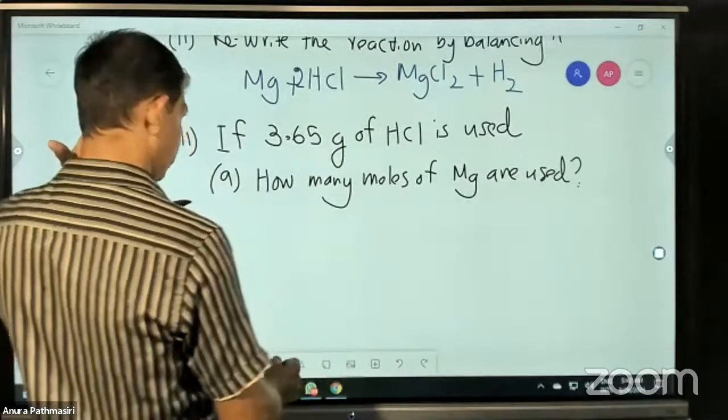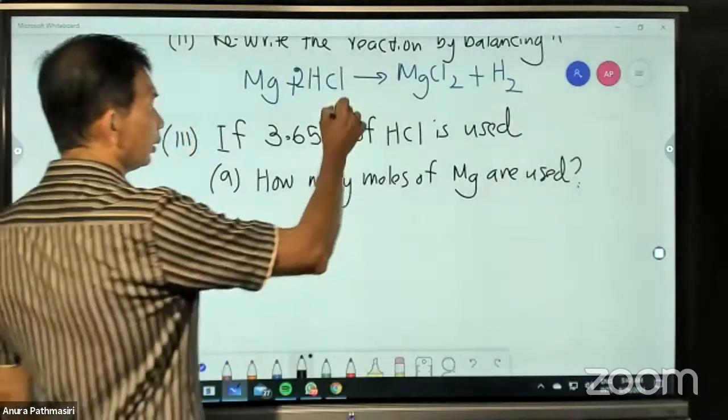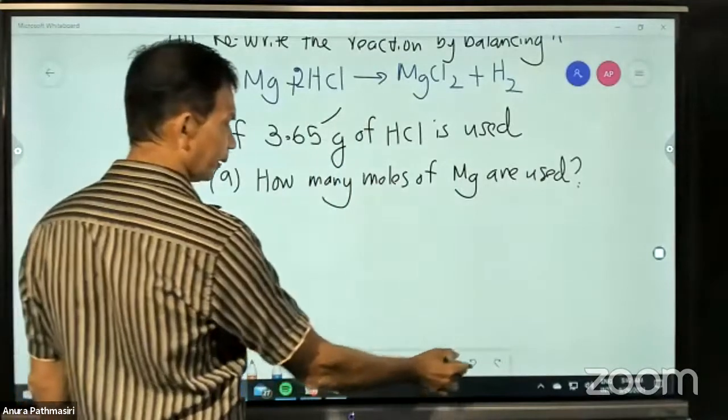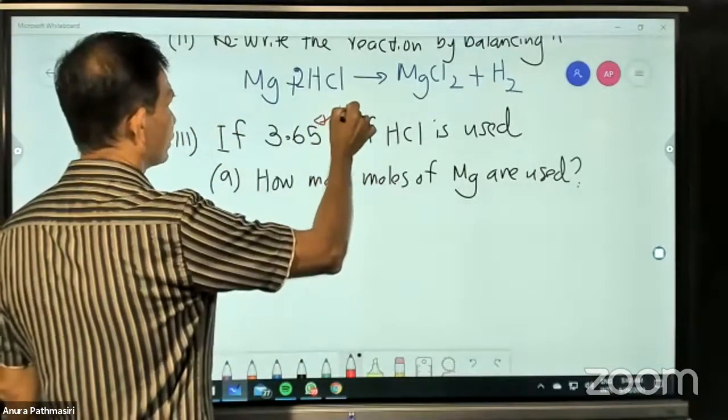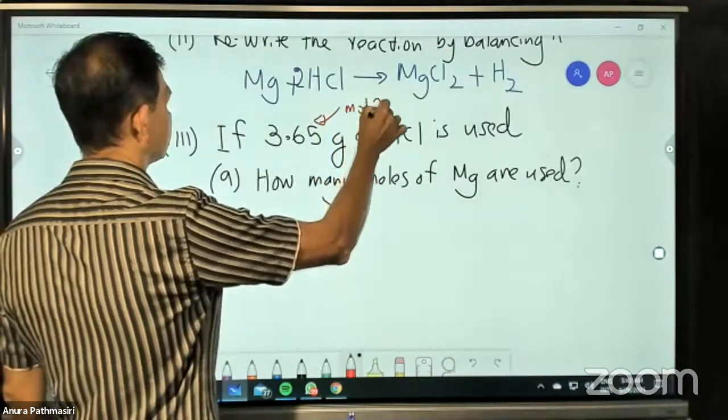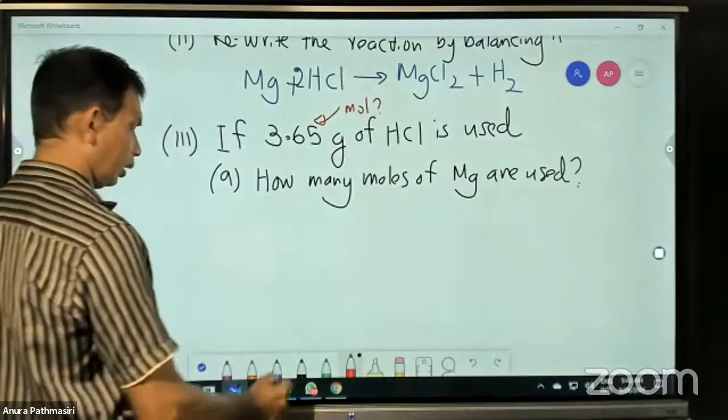First, you have to find out the amount of moles here. How can you find it?